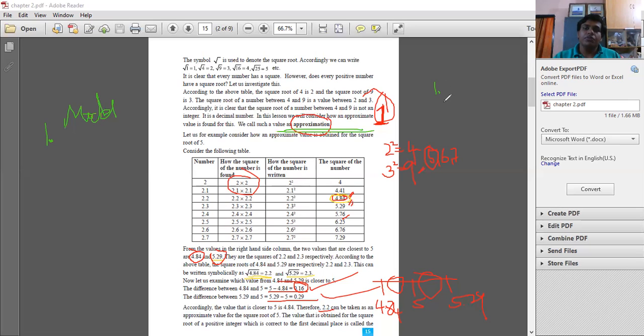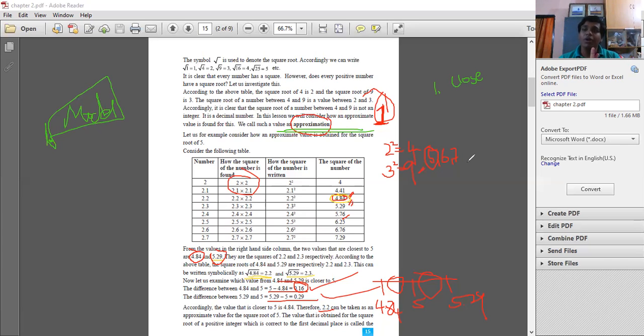Step number one will be finding what they're asking. So if they ask for the square root of 5, what we should do is find the closest squares.